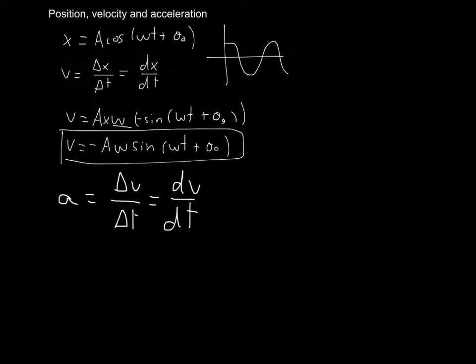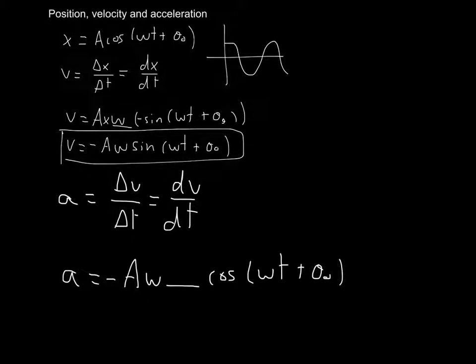So let's do it. Okay, so the acceleration will be, again, these two things are just numbers and I'm multiplying our function, so they just stay there without any change. So minus a omega times something we don't know times the derivative of this thing as if this thing was just an x. Now the derivative of a sine is just cosine, and this is just something you have to know, but if you don't know, remember you can always draw your graph and figure that out. So times the cosine of omega t plus theta 0.